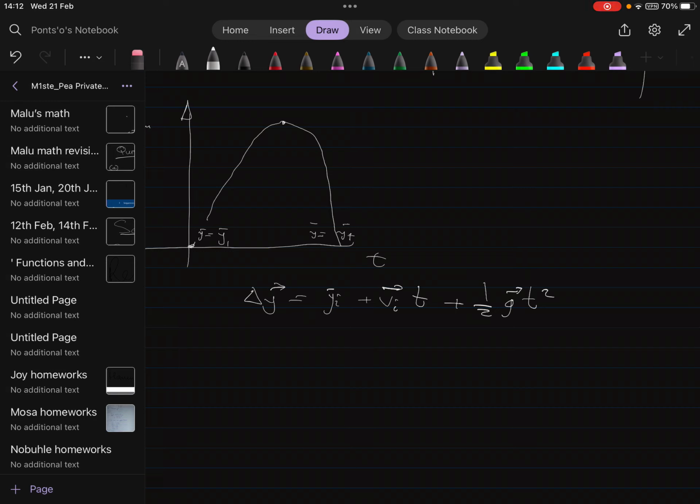As such, the initial position will shift the graph of the change in vertical displacement either up or down by a constant value.